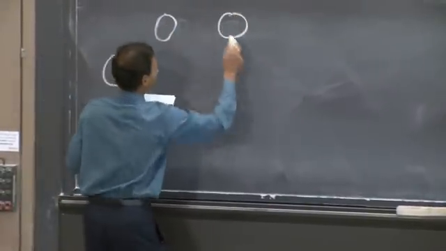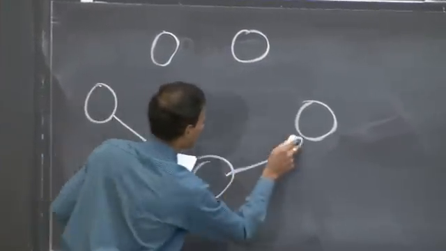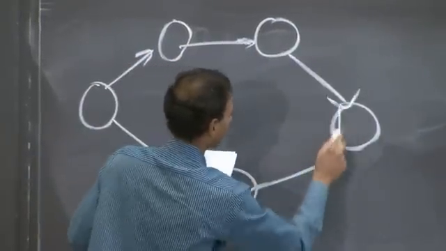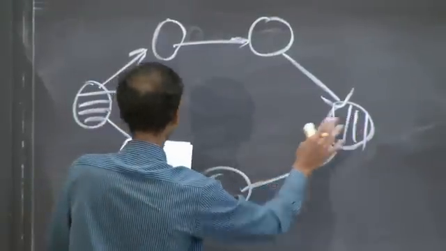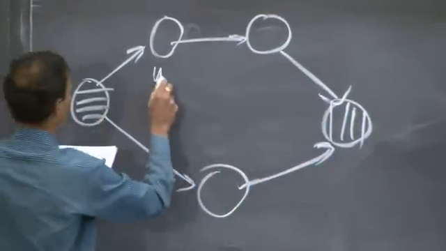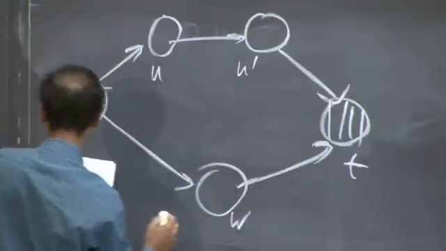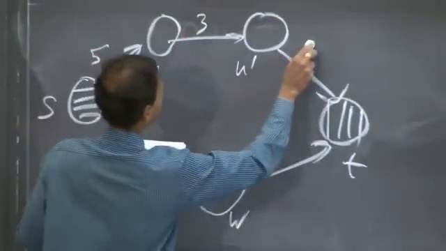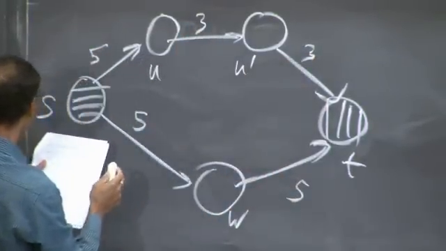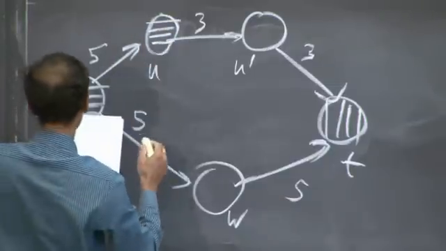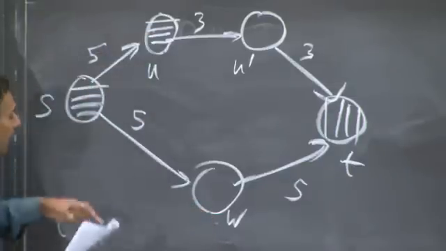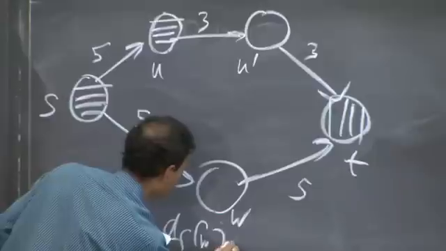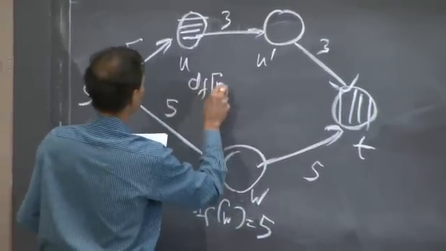Let's keep going. So now we do a forward search again. This is S, U, U prime, W, T. What I have now is I'm going to process a vertex in the forward search, because I have a choice to pick either W or U. W clearly has lower priority, because dF of W equals 5 and dF of U equals 3.